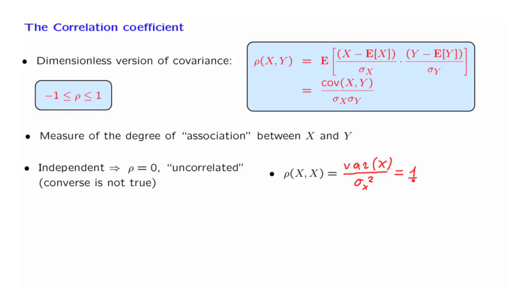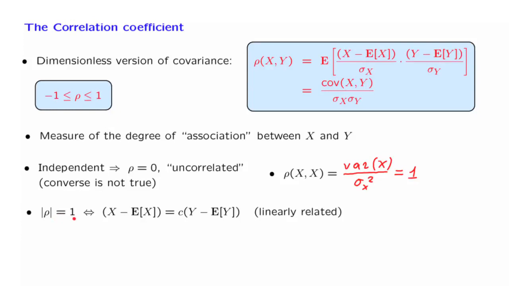A somewhat more general situation than the one we considered here is the following. If we have two random variables that have a linear relation, that is, if I know y, I can figure out the value of x with absolute certainty, and I can figure it out by using a linear formula. In this case, it turns out that the correlation coefficient is either +1 or -1.